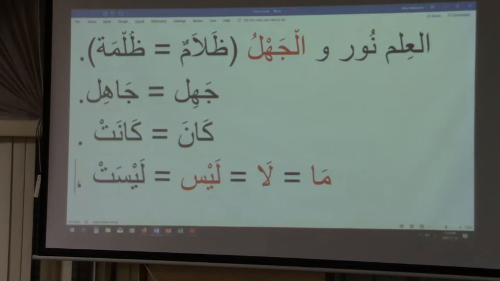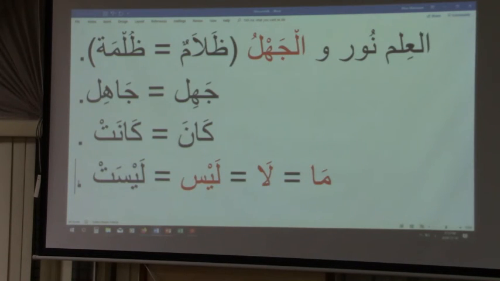Laysa has a secret. The secret of laysa is that it is a particle and also a verb.